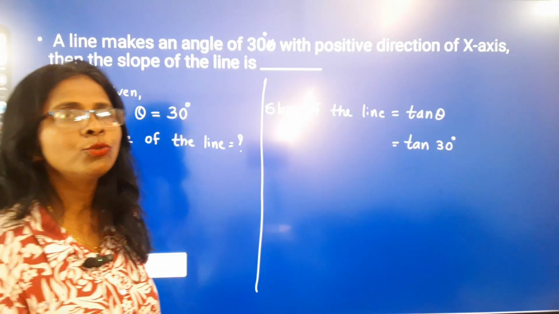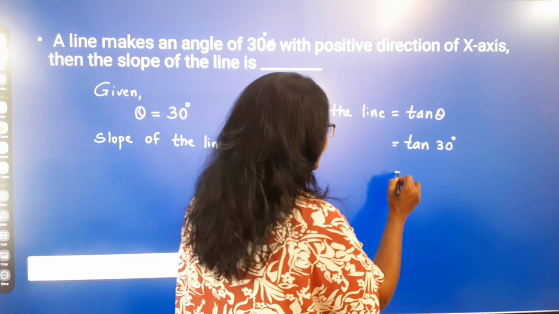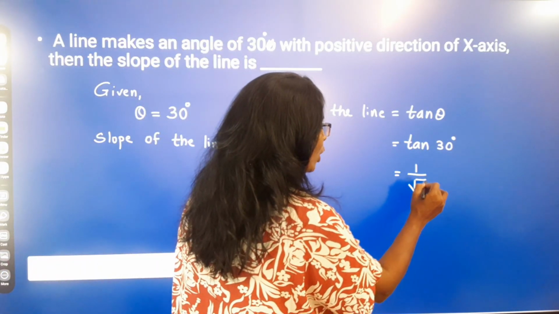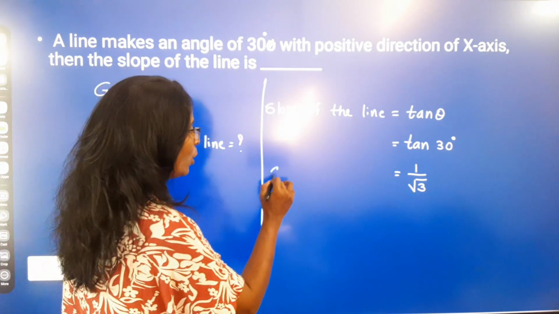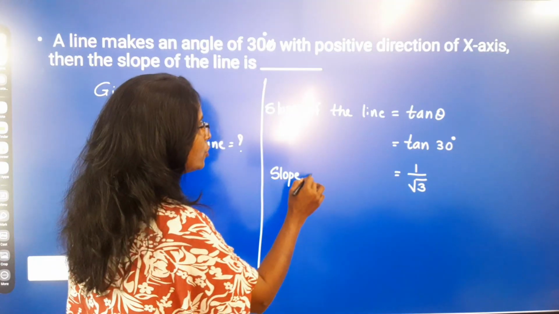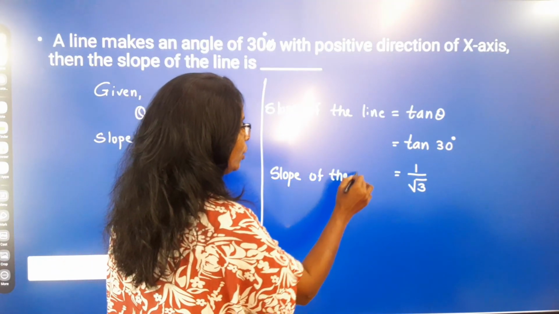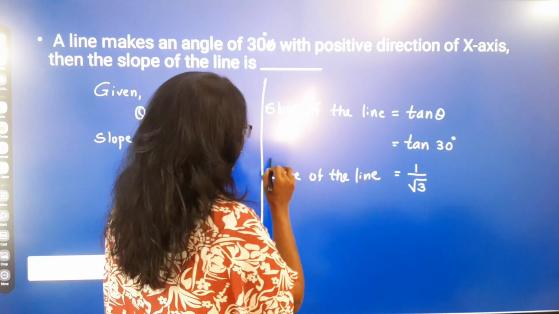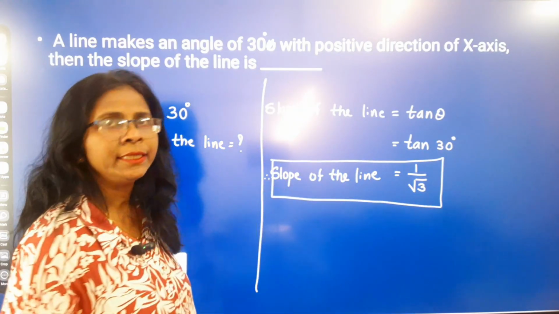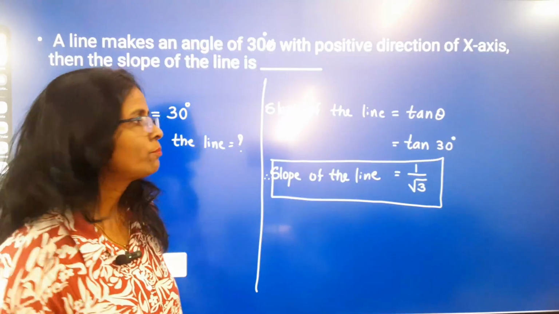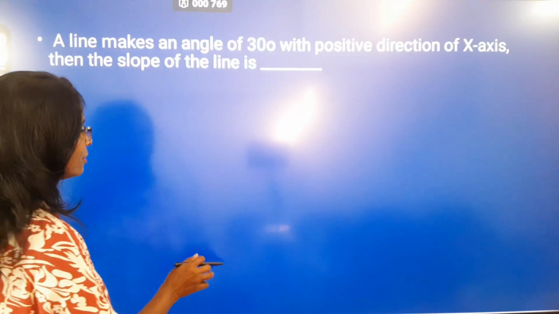So now here students, the tan 30, that means here 1 upon root 3. Okay, tan 30 is equal to 1 upon root 3. So here slope of the line is equal to 1 upon root 3. Then the next one example students.